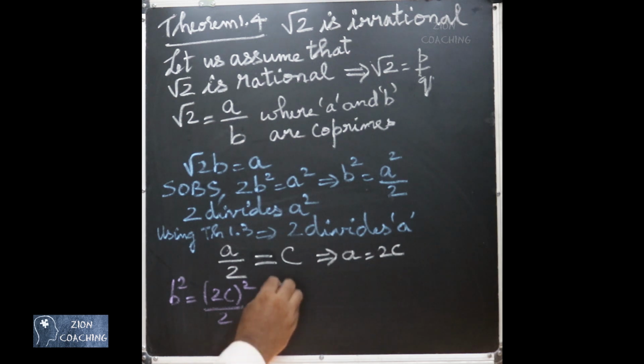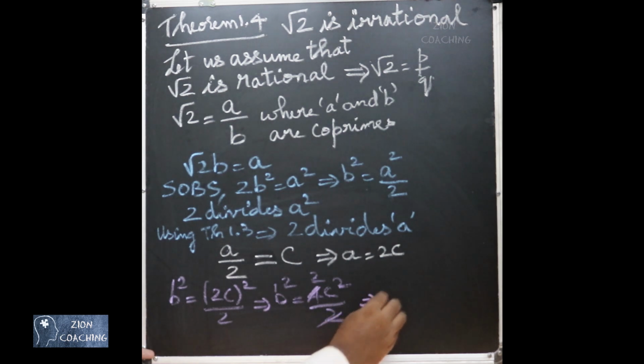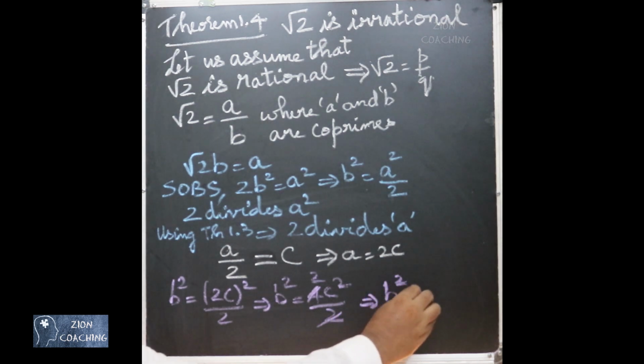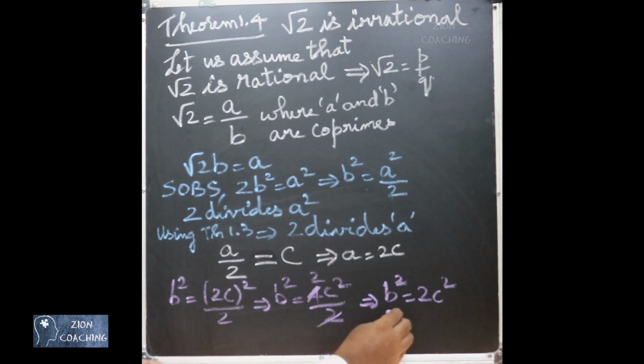That implies b squared is equal to 4c squared by 2. This 2 and 4 can be cancelled. So we get b squared is equal to 2c squared. Now we can write this as b squared by 2 is equal to c squared. Here you can see that b squared by 2 is equal to c squared.